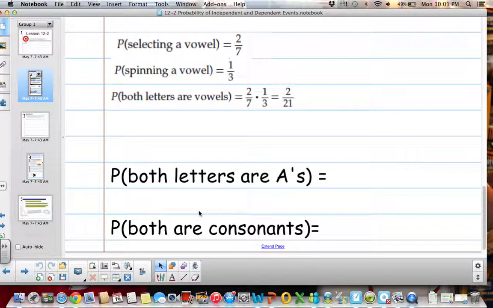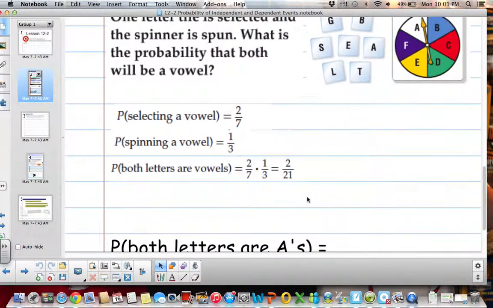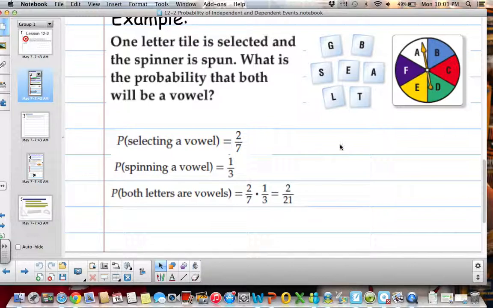Okay, so the probability that both letters are A's. Well, the probability of selecting an A would be 1, there's only one A, so it'd be 1 out of the total number of tiles, so 1/7. And then the probability of spinning an A would be, there's only one A and there are 6 spaces, so that would be 1/6.